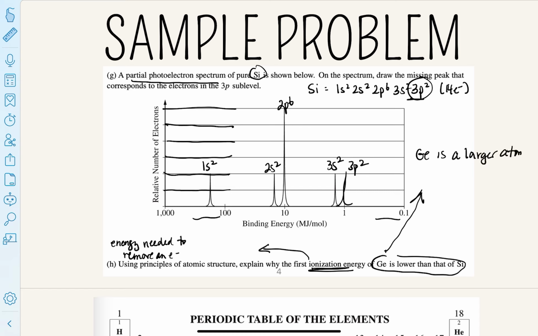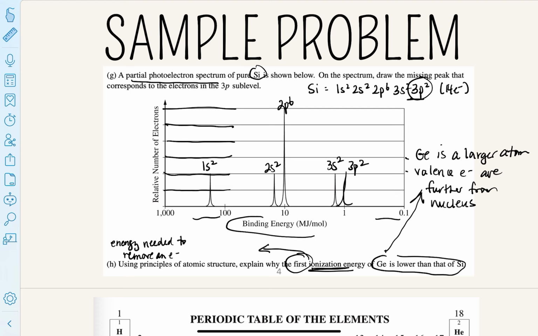And because it's a larger atom, its valence electrons are farther away from the nucleus. Because they're farther away, those valence electrons, or that one valence electron, the first ionization energy, that one electron we're going to focus on, will not have a very strong attraction to the nucleus.